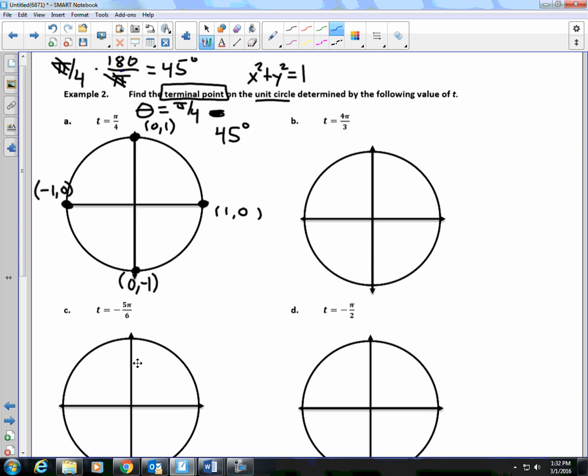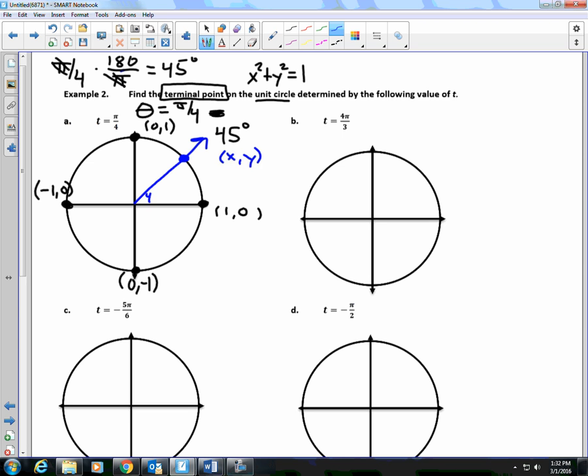So what this is asking is for a theta value of 45 degrees, what is the location of the terminal point? Meaning, what is that x, y value? That's what we want to figure out. So we're going to use our knowledge about special right triangles.